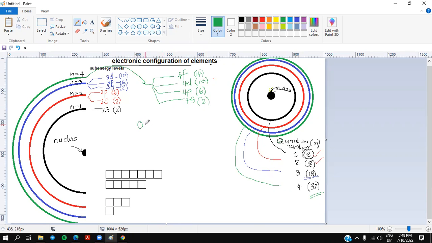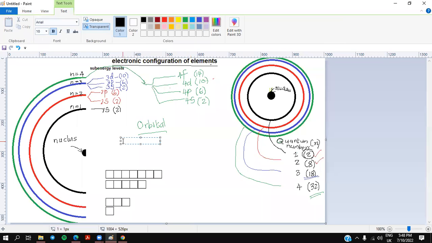Orbitals means, for those who have come newly, what are orbitals? The ones who came last time should remember. Orbitals are specific areas in an atom where electrons are found.